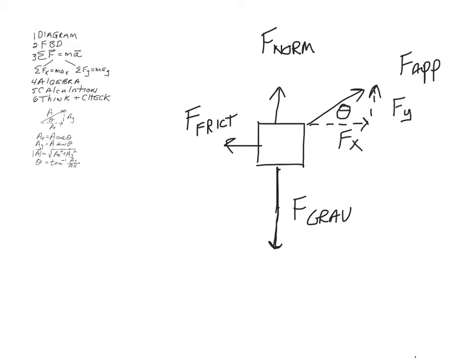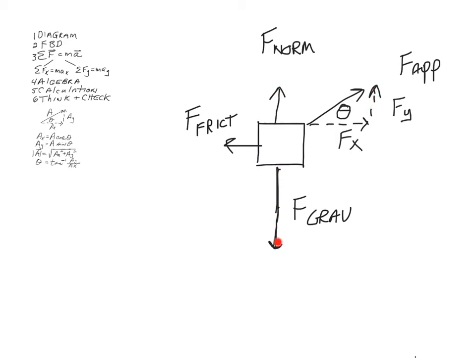So even before I begin this problem, I'm going to calculate what those are. I haven't given you the numbers yet, but we'll do that in a minute. And then I look at this and make sure that it looks right. So the normal force and this force are the up forces. And so these plus this should equal that, right?